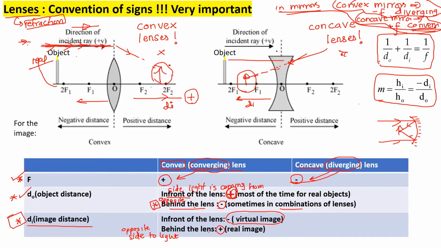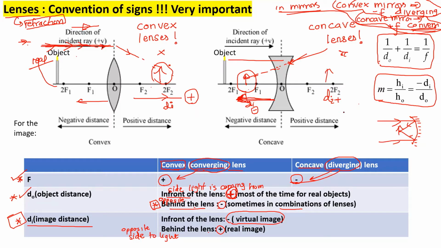So here I just marked DI. This is the place, and the place is the important thing. I really don't know what sort of image this will make unless I calculate it. But if the image is on this side, then DI is negative. If your image is on this side, then DI is positive. That's what I wanted to tell.